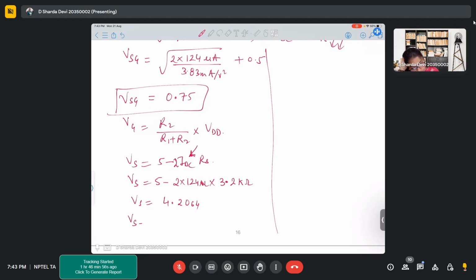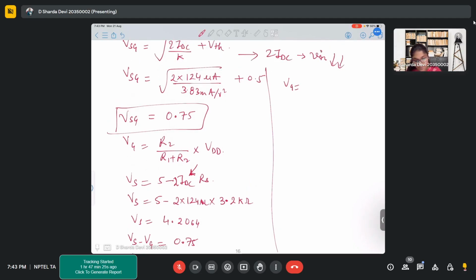So VS minus VG is 0.75. VG is VS minus 0.75.